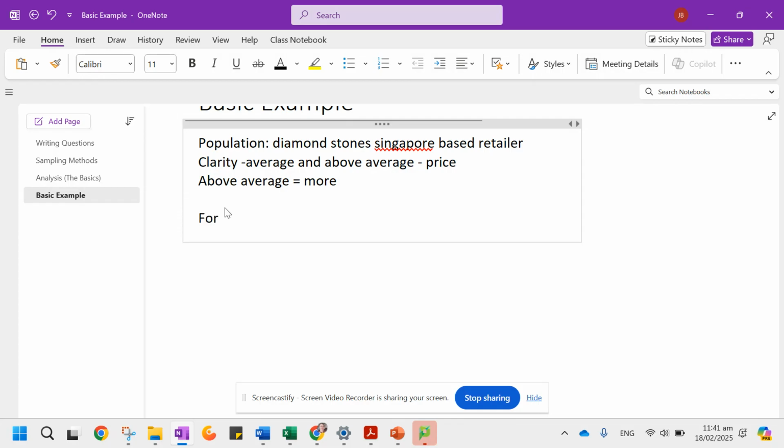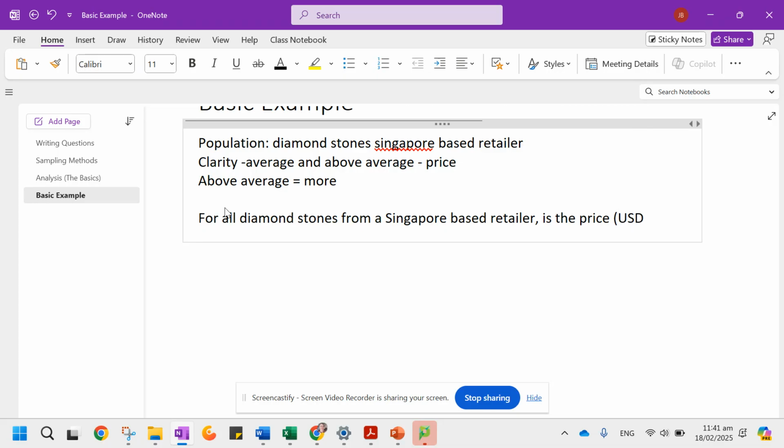So I would say for all, because it's all of them, diamond stones from a Singapore-based retailer is the price, and I'm going to put what next to that? US dollars, because that's what it was.